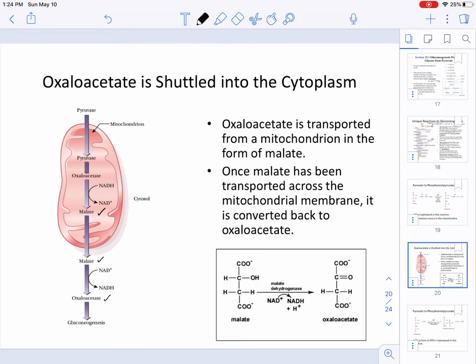And in this process of conversion from pyruvate to oxaloacetate that needs to be shuttled through the mitochondria, this step of the reaction is also going to be producing NADH. And that NADH can be used in further reactions.